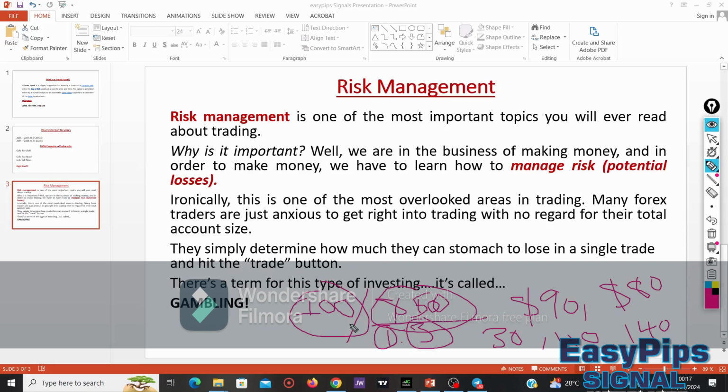As you compound your earnings, as your earnings keep growing conservatively, you can say, okay, good and fine, I've grown my account from $100 to $500. I can decide to increase the percentage of my loss that I'll be having. So instead of doing 3% or 5%, I decide to increase to 10%.